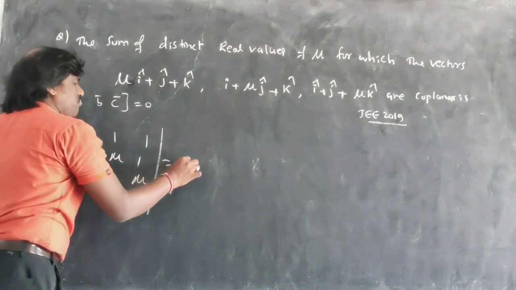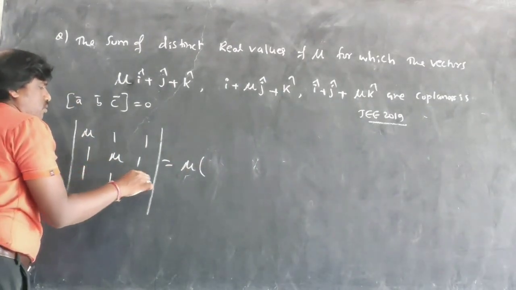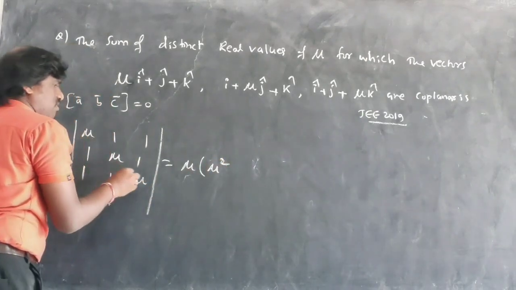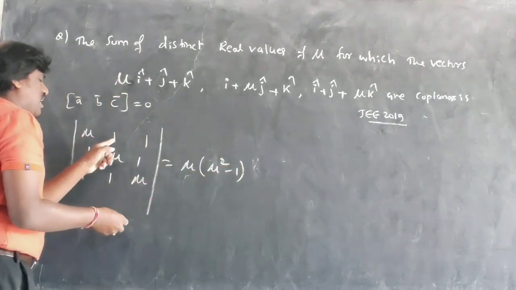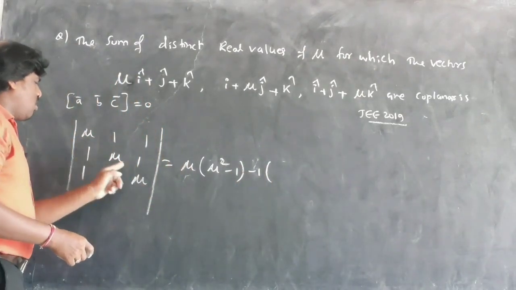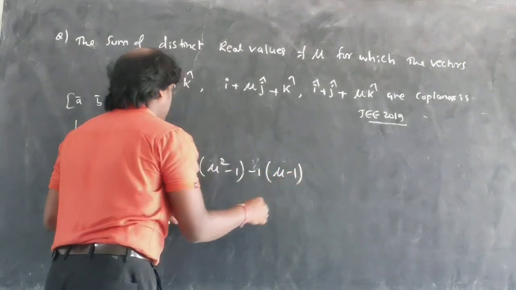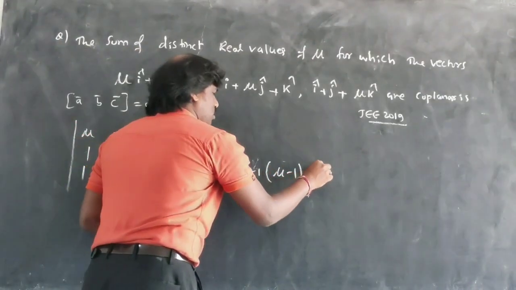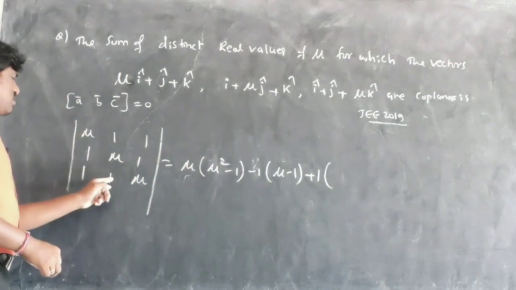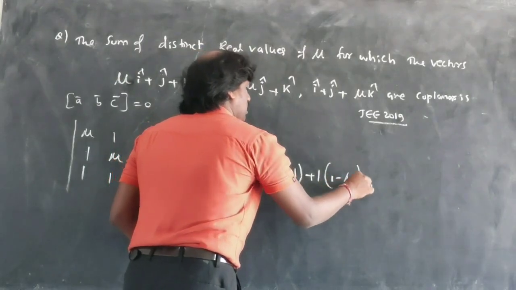Directly if you open this, mu into mu square minus 1 ones are 1, and minus 1 into 1 into mu minus 1, I get mu minus 1. Plus 1 into 1 ones are 1 minus mu, that is 1 minus mu, and this is equal to 0.